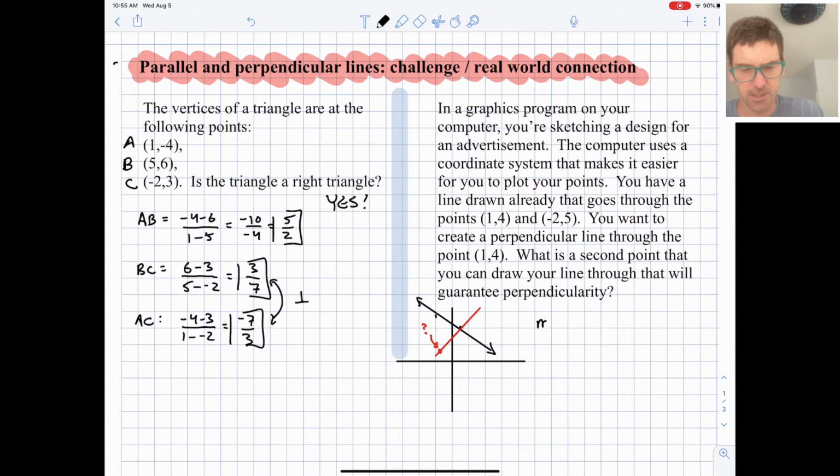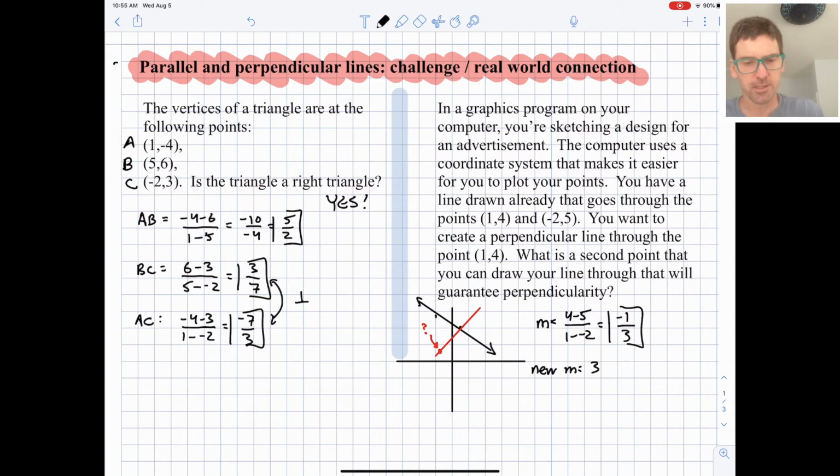So slope, like we've been doing, it seems like forever, is the difference in the y's divided by the difference in the x's. 4 minus 5 is negative 1. 1 plus 2 is 3. So we have a slope of negative 1/3, which agrees with our drawing. And so we want our new slope to be a positive 3, positive 3 over 1.